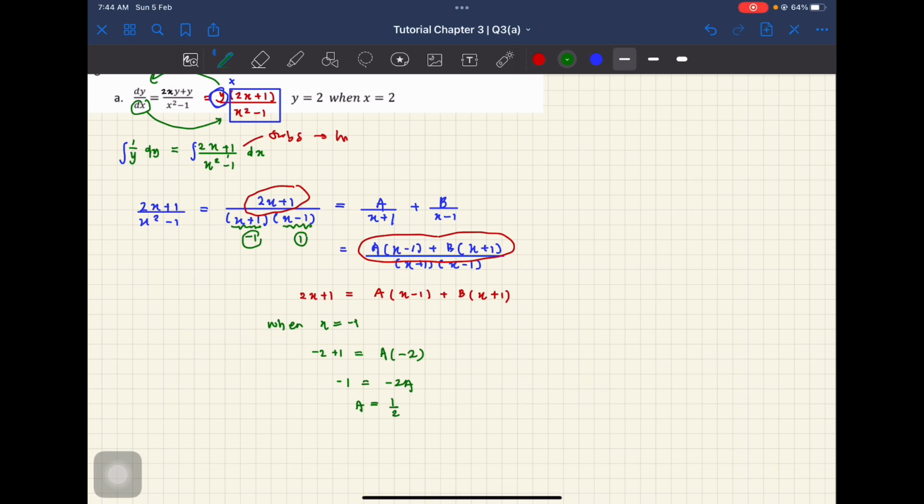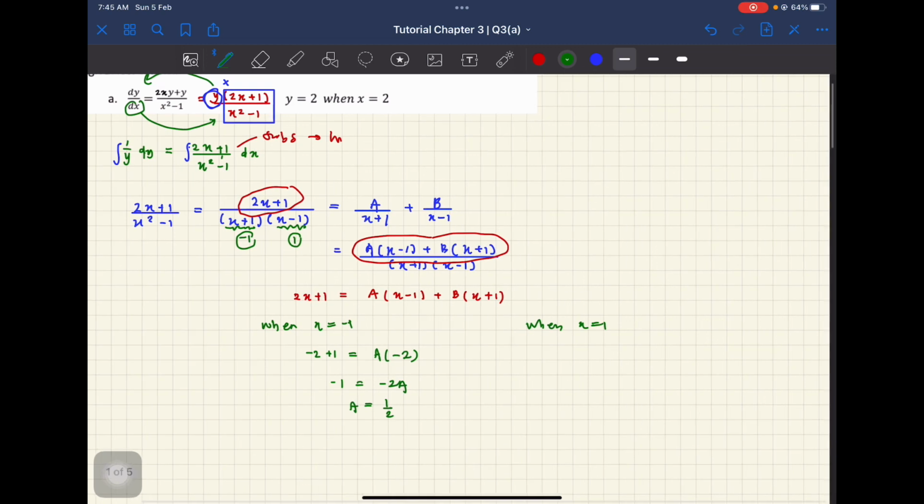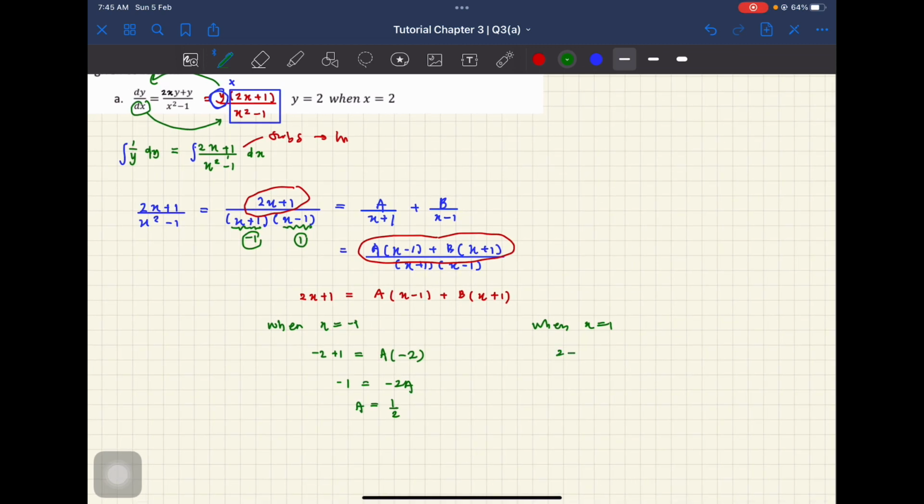Settle. Okay, next one. So when x is equals to 1, okay, so masukkan 1 dekat sini. So you have 2 times 1 is 2, and then plus with 1. Okay, so equals to, and then a, sekarang kita nak cari, a dah ada, tapi tak perlu masukkan a pun.